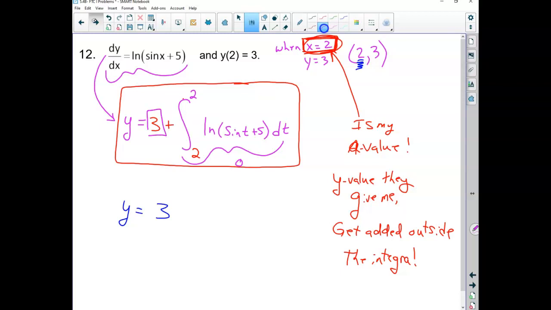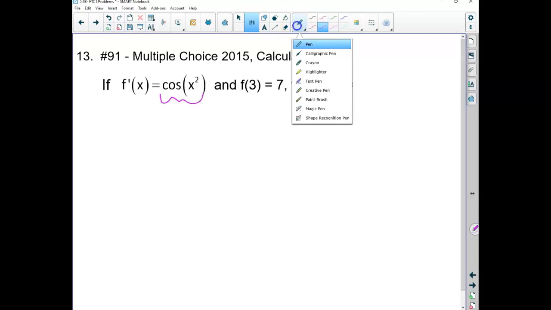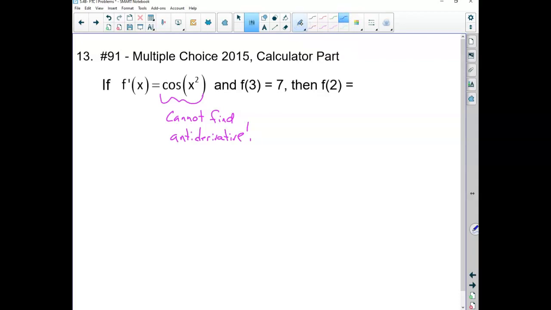Isn't that sweet? Okay. Last one, multiple choice, number 91, 2015. Calculator part. If f prime of x equals cosine x squared, that's why they put it there, because they know you're not going to be able to find it, and f of 3 equals 7.